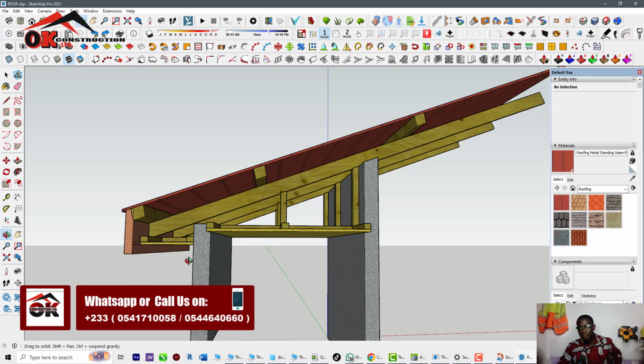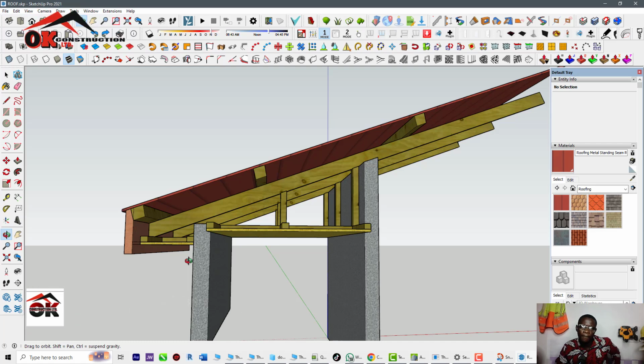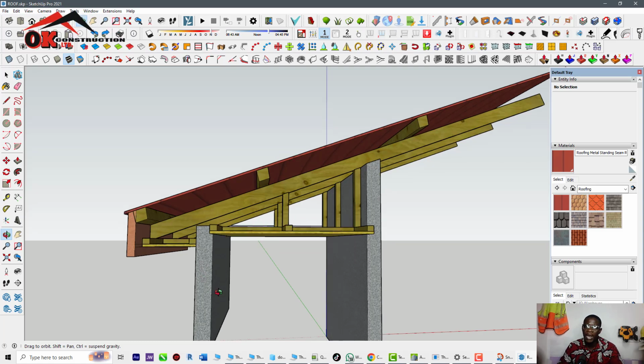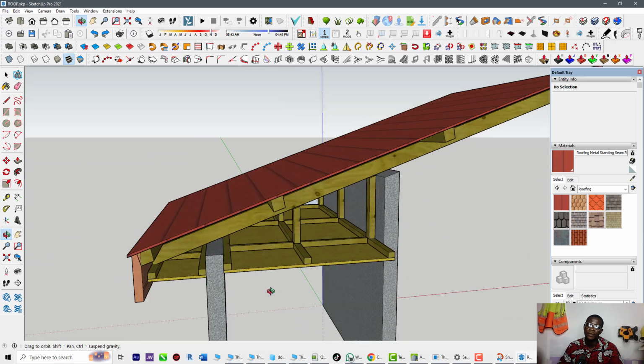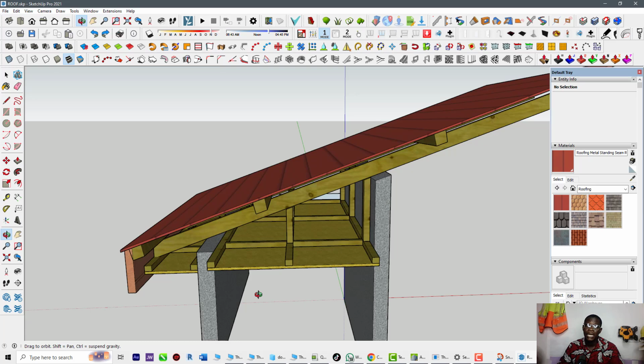So these are the construction methods for roofing, and we hope that with this education you will go by it and help your artisans, especially the carpenters that work for you, to follow the exact directions. You should also see to it that they are doing the right thing.